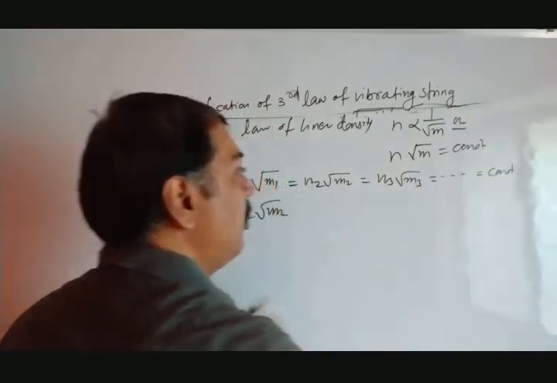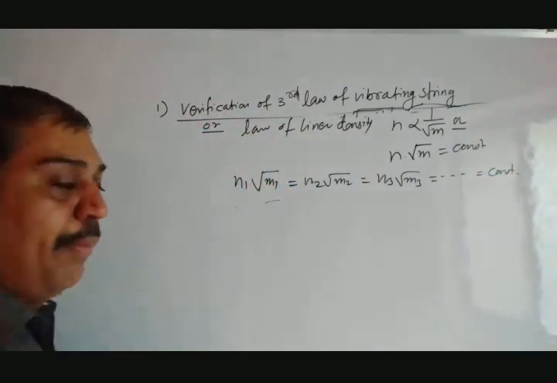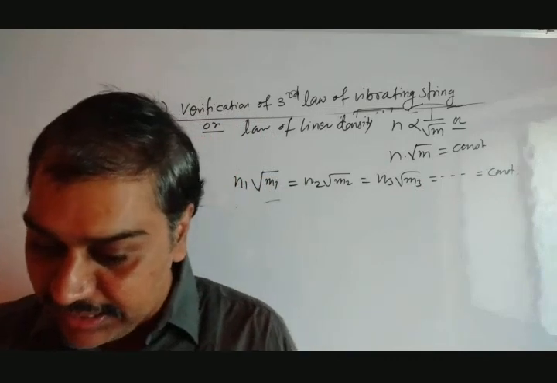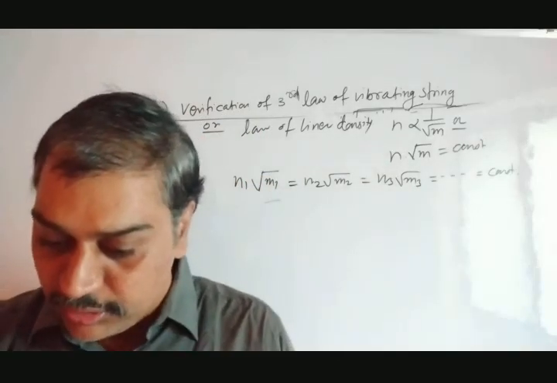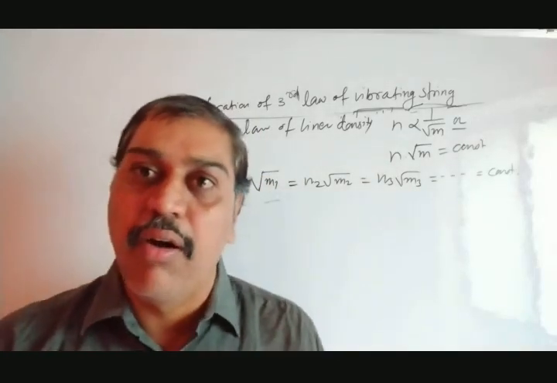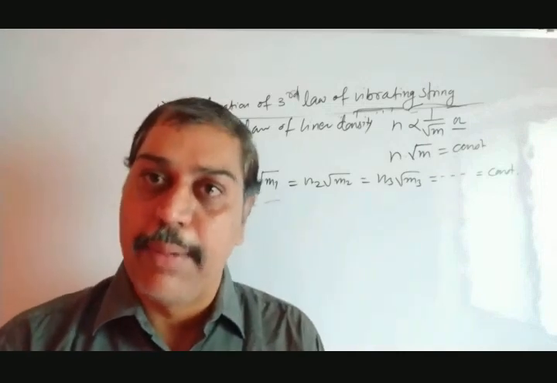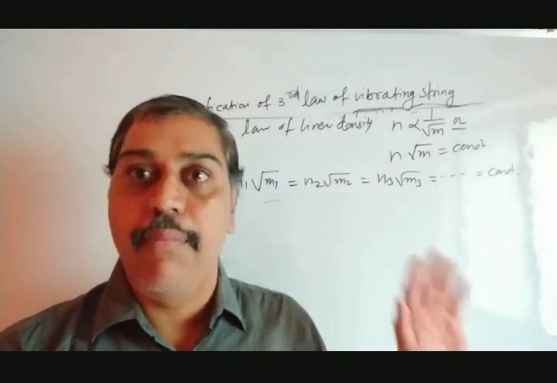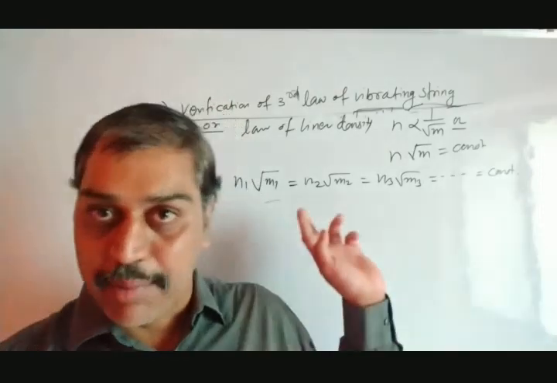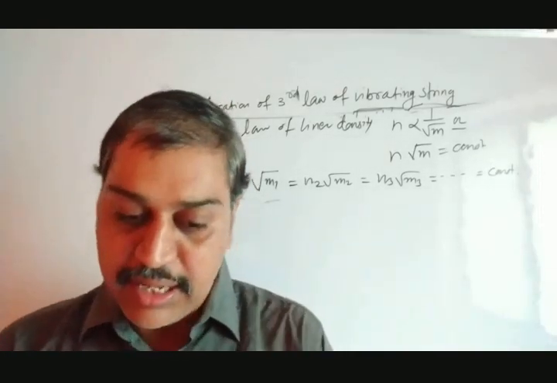And if this gets proved, we can say the third law of vibrating string, that is the law of linear density, gets proved here also. So this is the verification of the law of length, the law of tension in the string, and the law of mass per unit length, small m, that is said to be linear density.